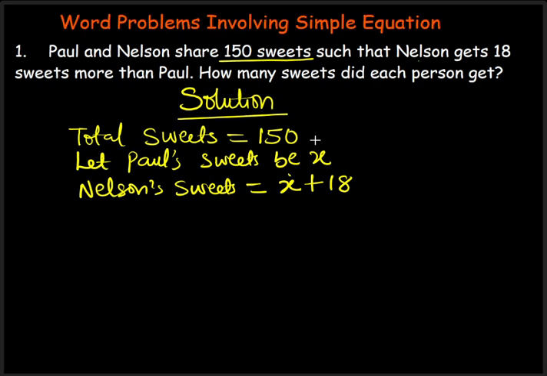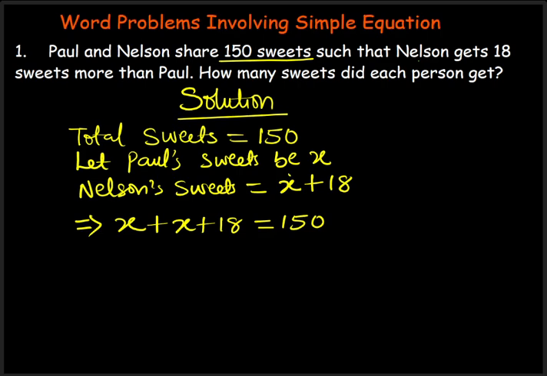And then what are we looking at? The total sweet is equal to 150. That means if you add Paul's sweet and Nelson's sweet, you should be getting the total sweet. So this implies that X, which is Paul's sweet, plus Nelson's sweet, which is X plus 18, will be equal to 150.